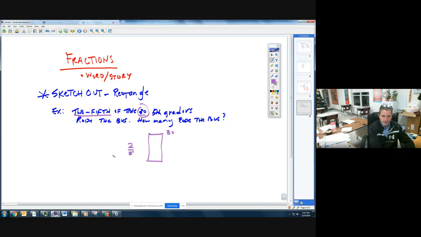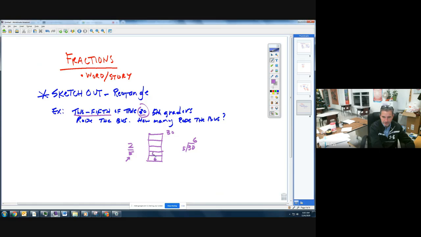Remember, the bottom number of the fraction tells you how many equal pieces you cut this whole thing into. So you have to do that division, 30 divided by 5. Let me draw the 5 equal pieces: 1, 2, 3, 4, 5. If I cut 30 into 5 equal pieces, that is 6.